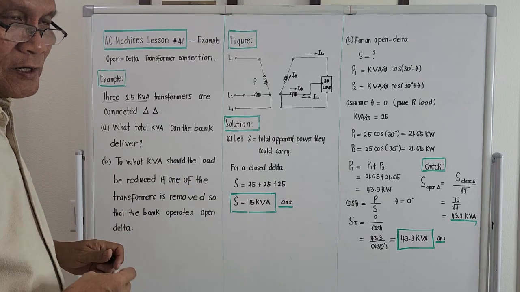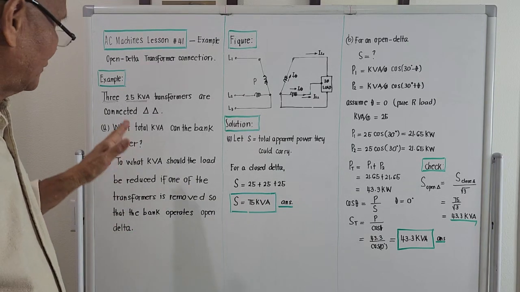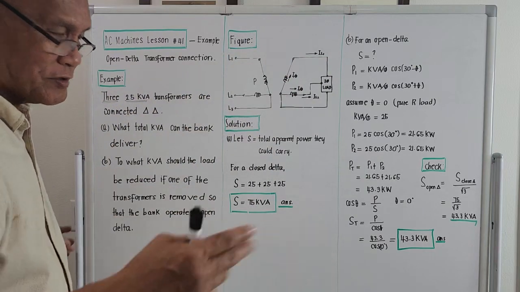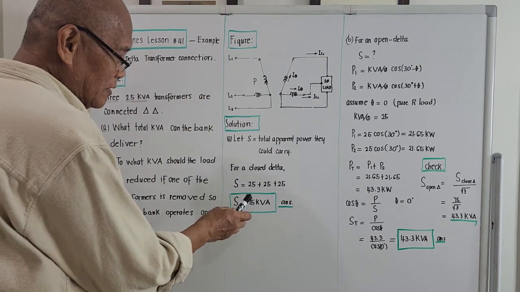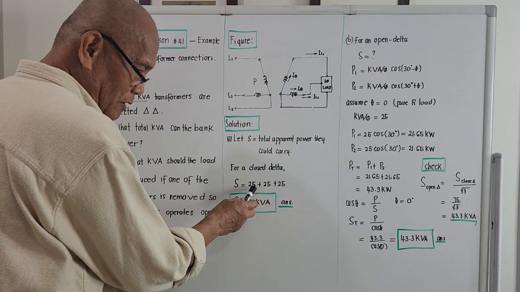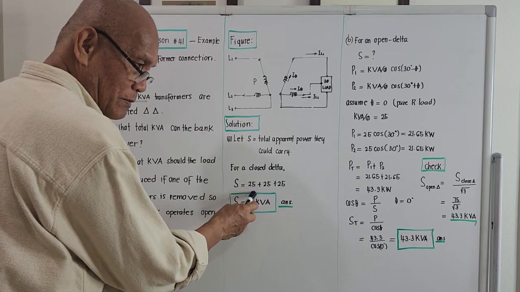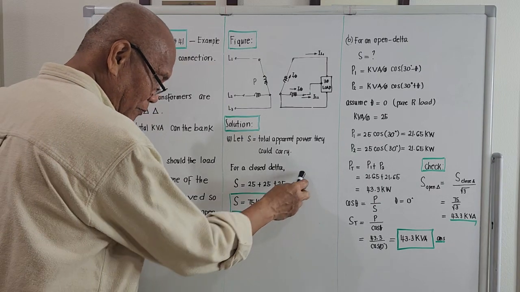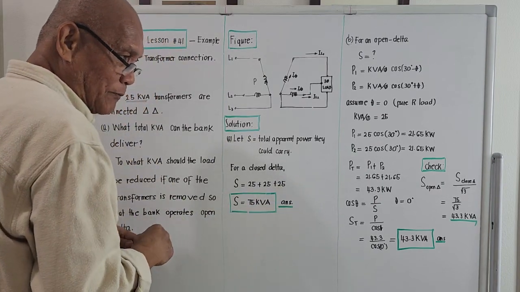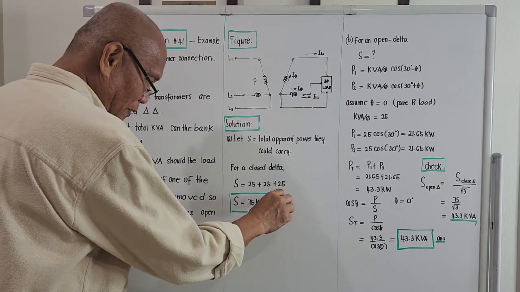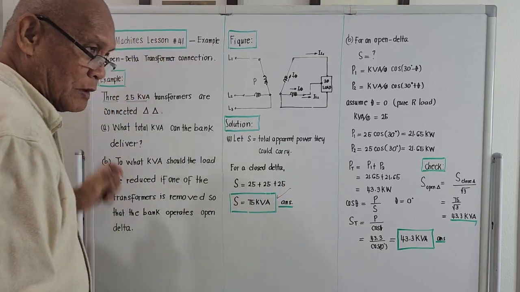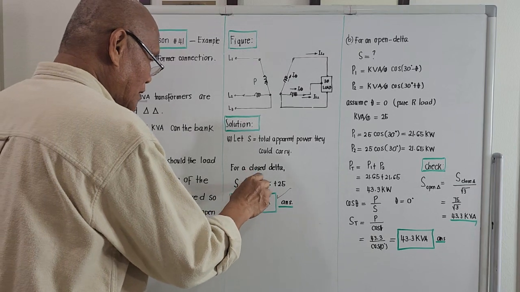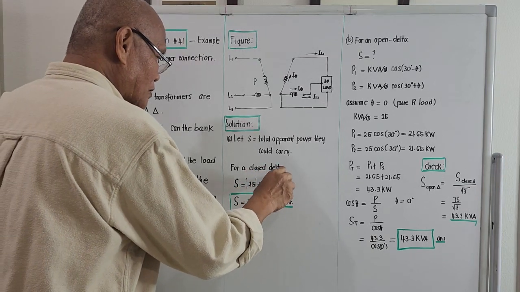So the total apparent power delivered by 3 perfect delta connection transformers will be thrice: the apparent power of transformer number 1 plus transformer number 2 plus transformer number 3. So the total apparent power should be equal to 75 kVA. It is just a simple addition. These are just absolute values, guys.